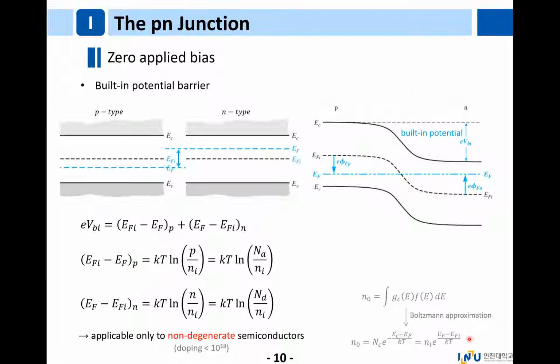That is, these equations cannot be used when the Boltzmann approximation is not valid, which implies they are not applicable for degenerate semiconductors.